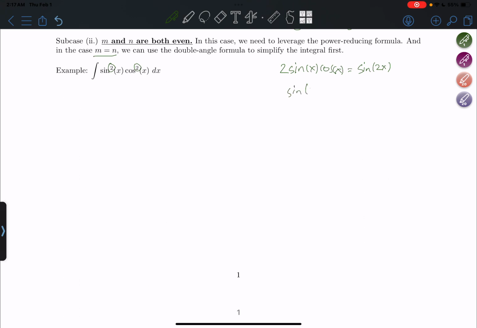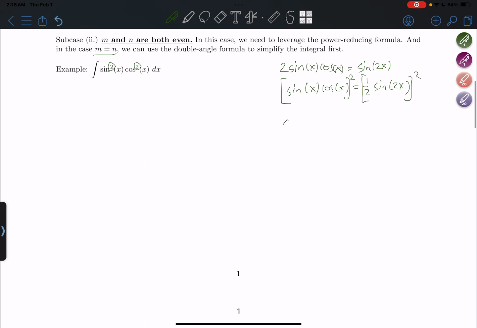I get sine x cosine x equals 1/2 sine 2x. So now if I go ahead and square both sides, I will get sine squared x cosine squared x equals 1/2 squared, which is 1/4, sine squared 2x.